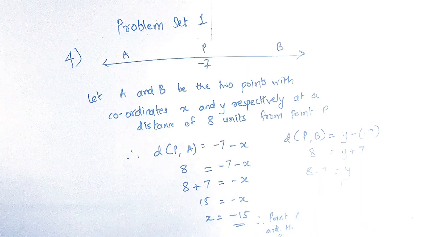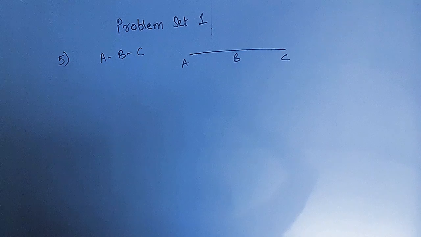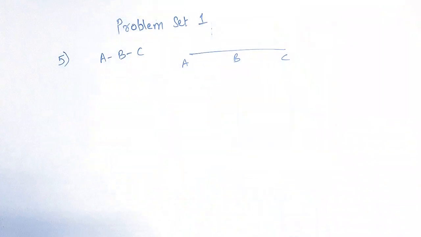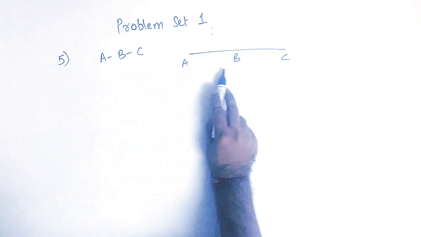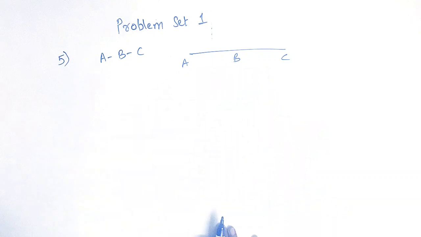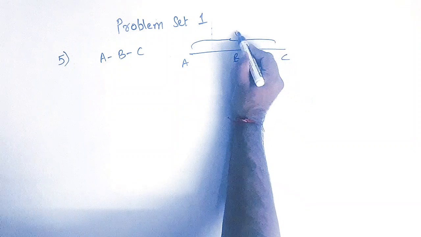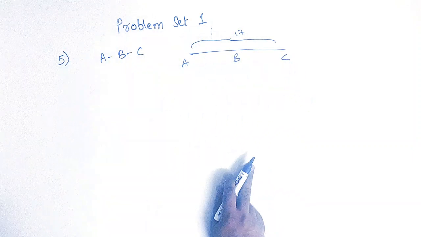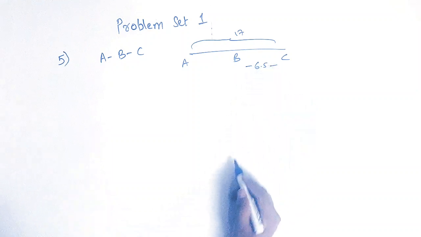Okay, so let us see fifth one now. First it says A dash, B dash, C. It means B is between A and C. Okay, all three are collinear. Distance AC is 17. Okay, and distance BC is 6.5.